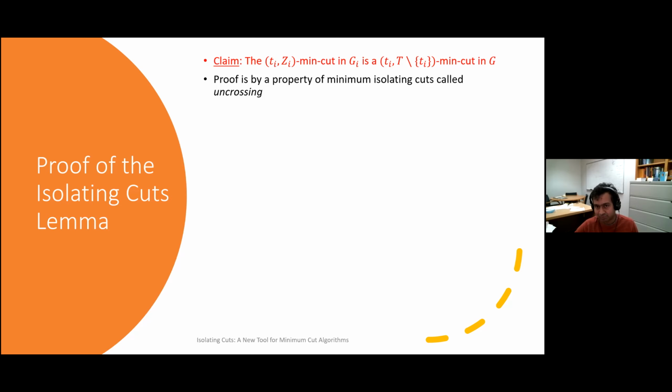But if you believe me on this claim, then that immediately establishes the correctness of the isolating cut algorithm. Because if indeed the Ti-Zi min cuts are the minimum cuts separating Ti from every other vertex, then simply reporting these cuts gives me the isolating cut for every terminal vertex Ti, and the minimum among them will be the minimum isolating cut of the graph.